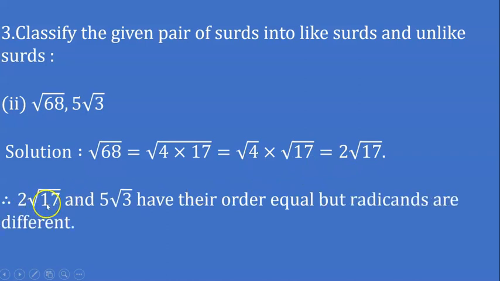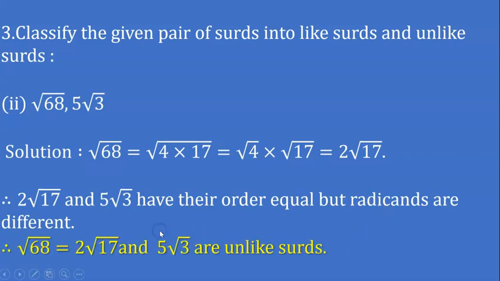And 2 root of 17 and 5 root of 3 have their order equal but radicands are different. Hence, root of 68, that is 2 root 17, and 5 root 3 are unlike surds.